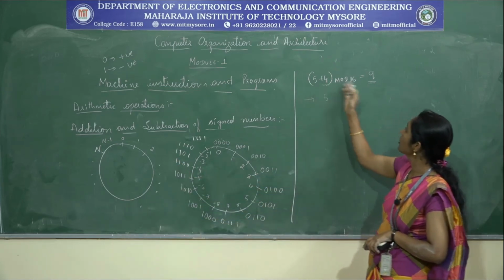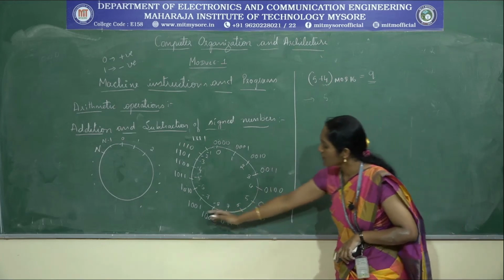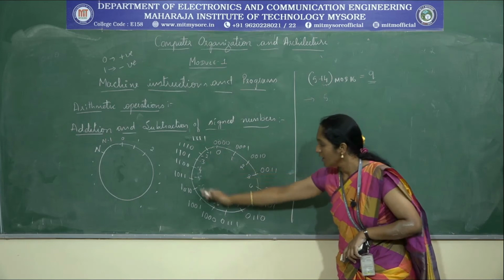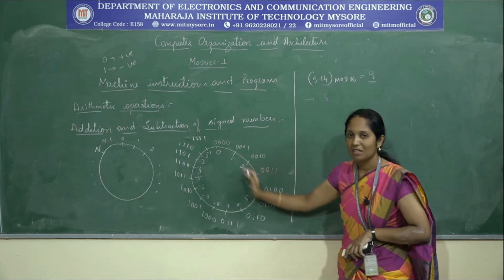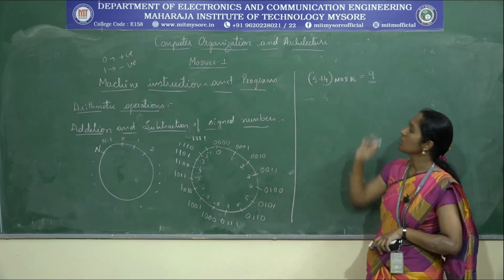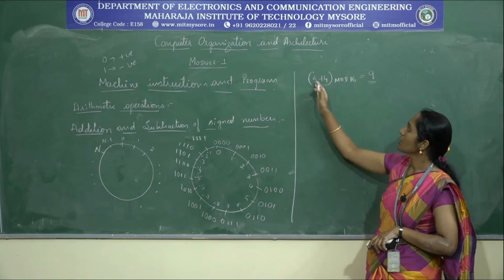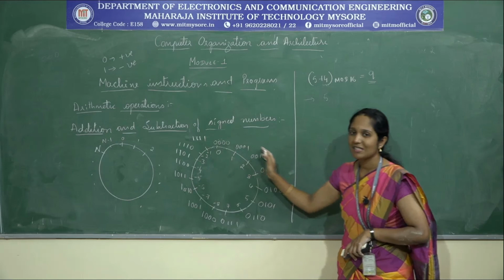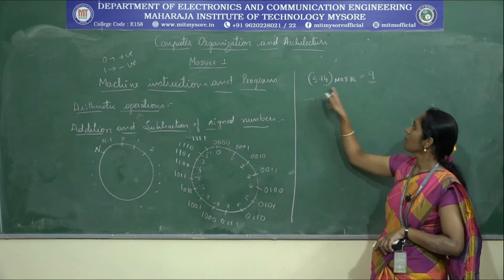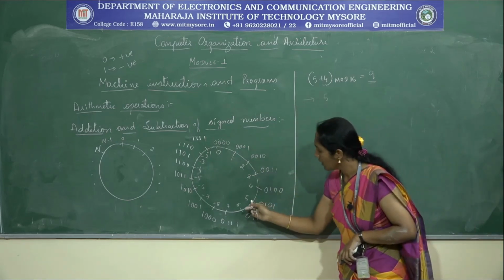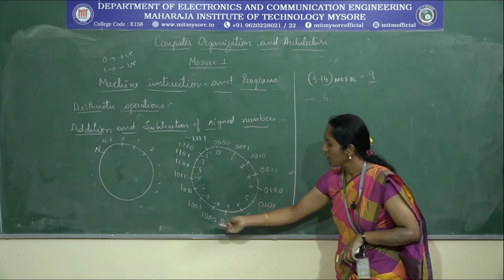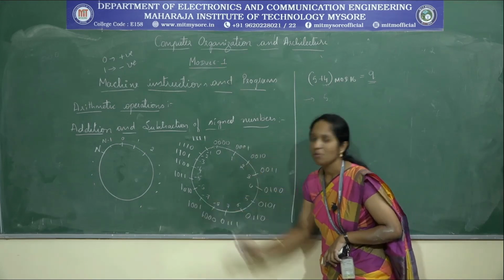So in order to find out the addition of the positive numbers, let me consider, if you consider the negative number, we will consider the numbers we have written inside. So now since we have addition of positive numbers, let me consider the positive numbers, or binary strings, which are written outside. 5 plus 4 is 9. So here we have 5. Once we rotate, we get 6. Second time 7. Third time 8. Fourth time 9.